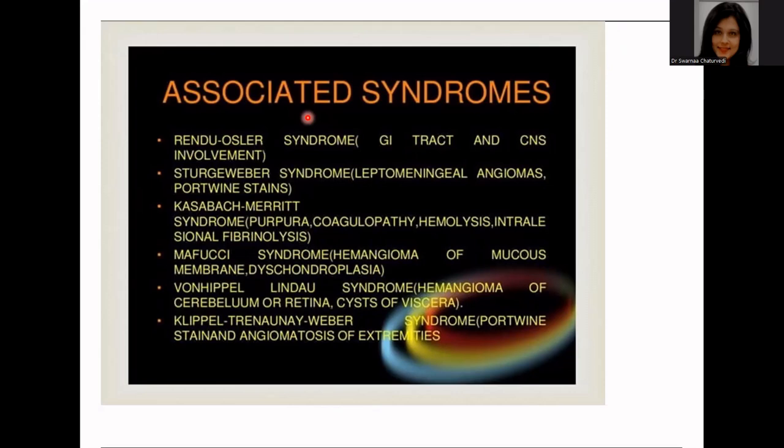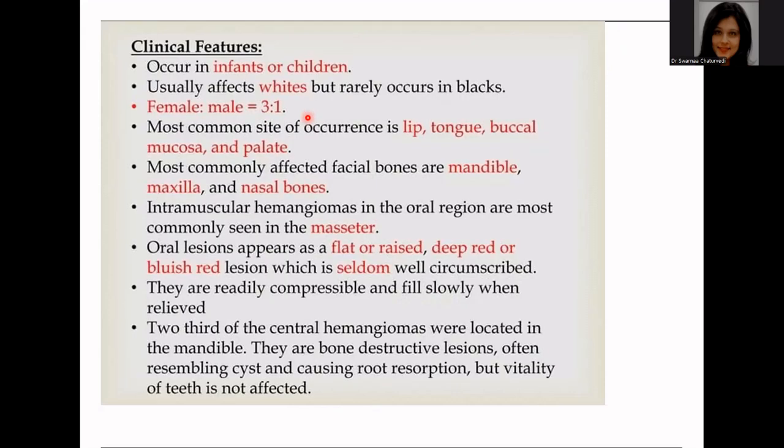Now coming to the clinical features of hemangioma, beginning with the age of occurrence. It is mostly in infants or children. Basically it occurs in childhood, progresses and then regresses.